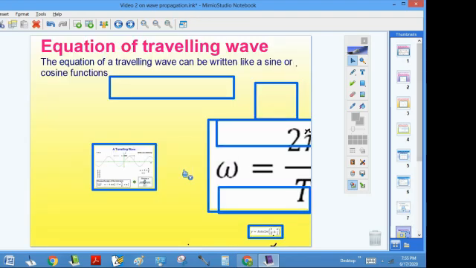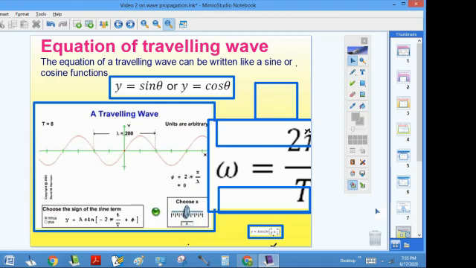And next we are going to talk about the proper wave equation of a traveling wave. The equation of a traveling wave can be written as a sine or cosine function, just as we have here: y equals sine theta or y equals cos theta.